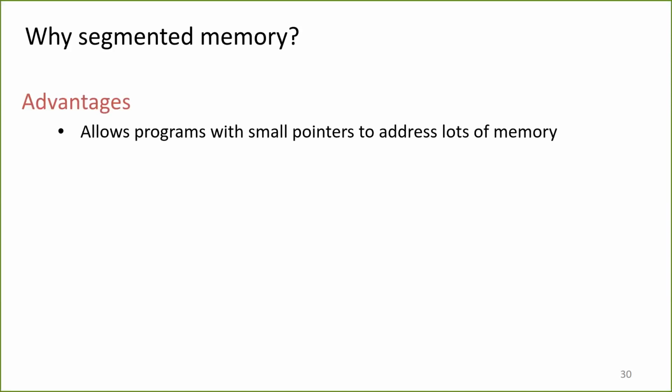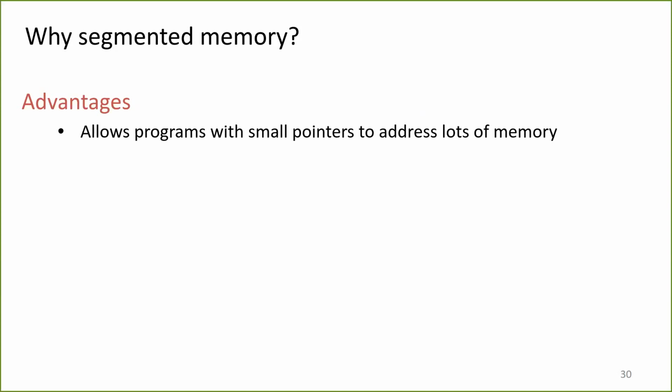First, a segmented memory system can actually enable programs using small pointers to access a larger amount of memory than you would think. On our byte addressable memory systems, ask yourself, how many bytes can a 32-bit pointer access? How many unique byte addresses can a 32-bit pointer encode? The answer is 2 to the 32, right? If we have a 32-bit pointer, each bit could be on or off, giving us 2 to the 32 different choices.